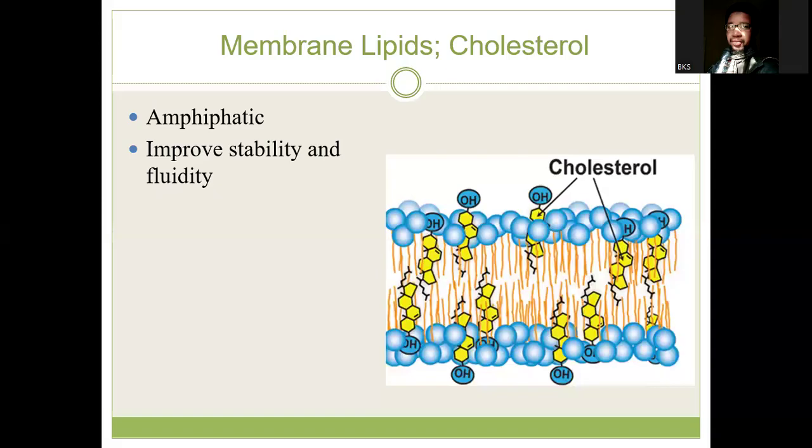Remember, I talked about two characteristics of membrane. I talked about the membrane being self-healing, and I explained why it is self-healing. I talked about the membrane being fluid in nature, not rigid, and we gave a reason why they are not rigid. We made mention of the fatty acid with regard to saturation level, or whether the fatty acid is long or short, and how that affects the fluidity of the membrane.